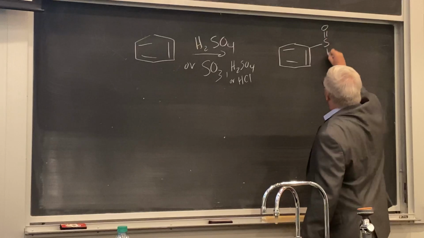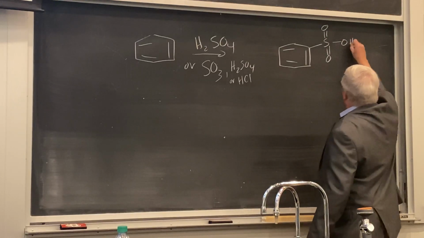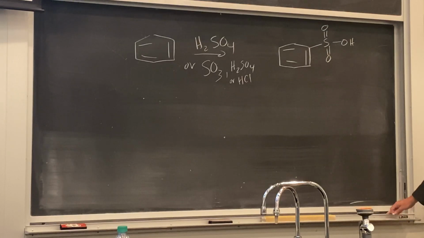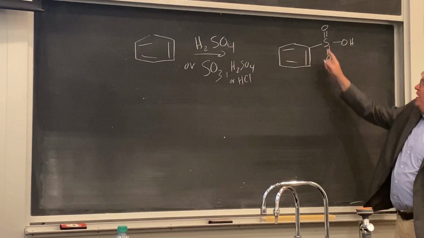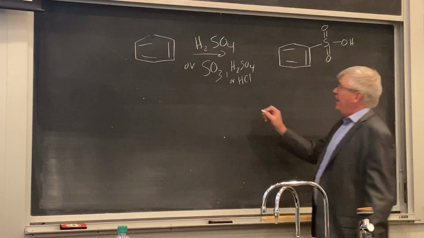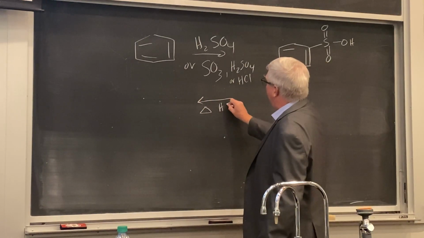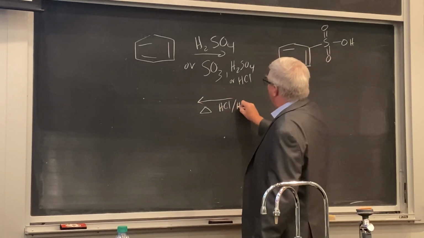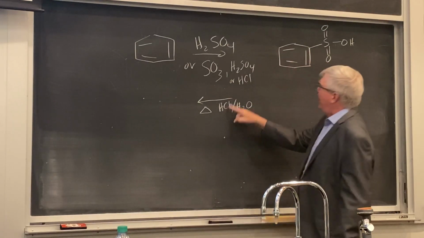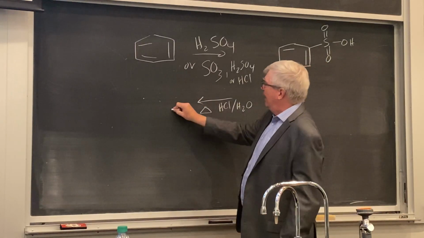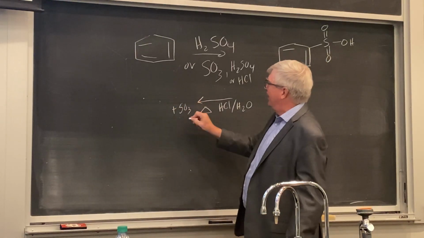And let me draw out the whole thing so you see it. So that we call benzene sulfonic acid, and it has the sulfur carbon bond right here. This is one of the unique reactions in that it's reversible. If we heat this up with HCl and water, or heat it up with sulfuric acid and water, you can actually go back to benzene and the sulfur trioxide.